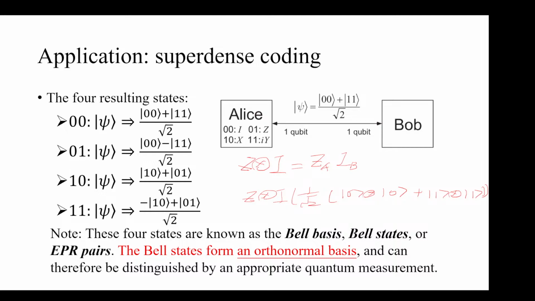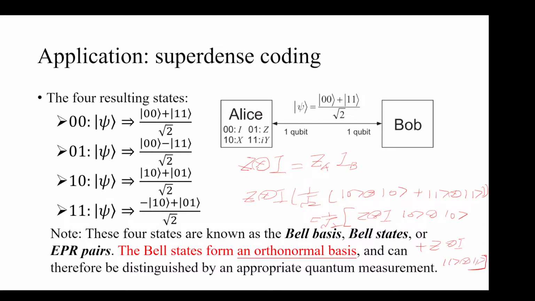So this matrix multiplies this vector, which can also be viewed as a matrix. So this matrix multiplies this matrix plus this matrix and the coefficient. Matrix multiplication is linear, so we can just take the 1 over square root 2 out and distribute over those matrices. And so this is Z tensor I multiplying 0 tensor 0, plus Z tensor I multiplying 1 tensor 1.